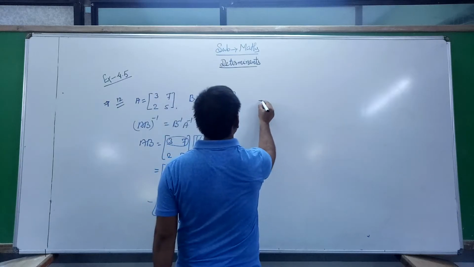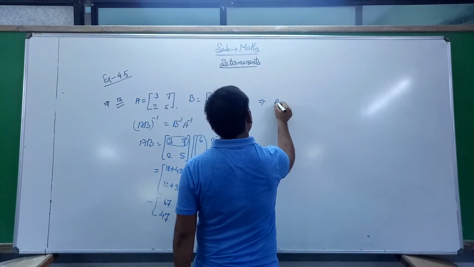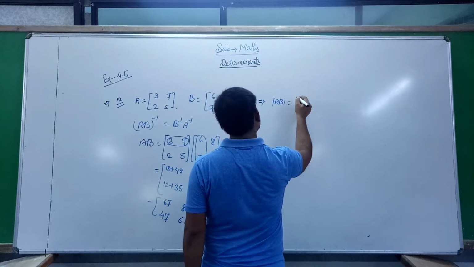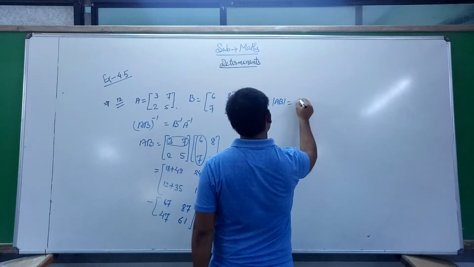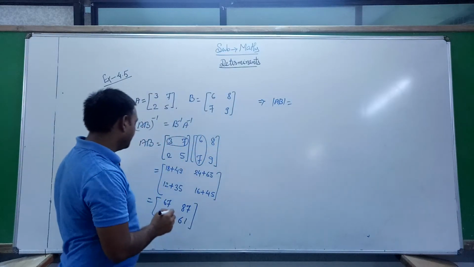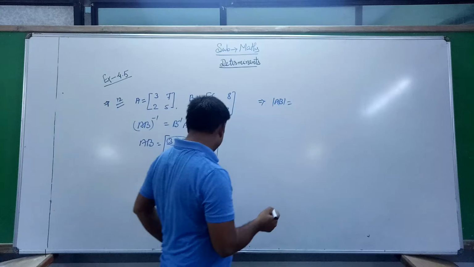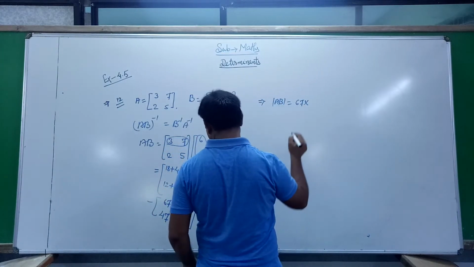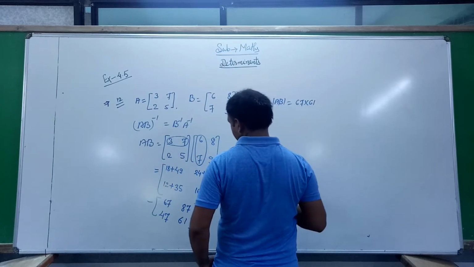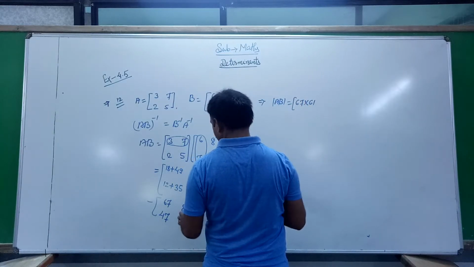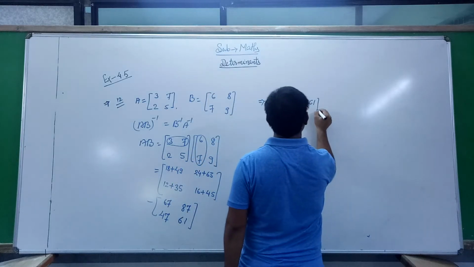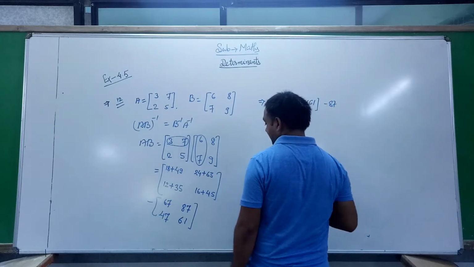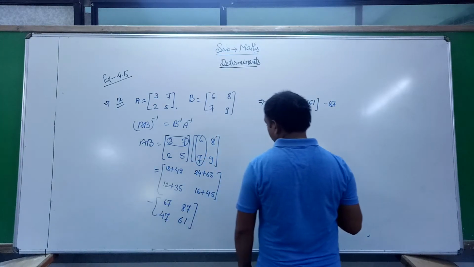First you find the value of mod AB. Mod AB, that is equal to, you take the first row, 67 into 61, and then you take 87 into 47.